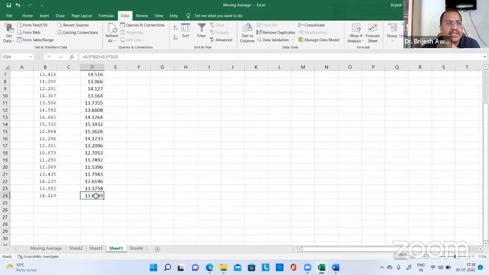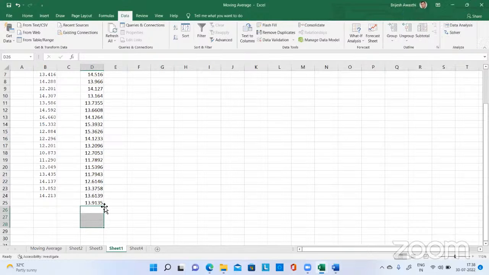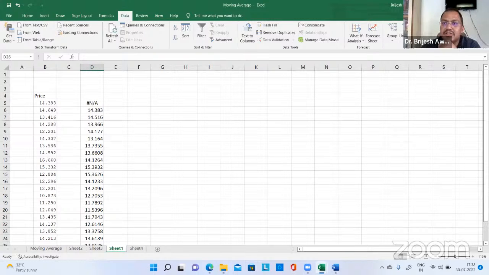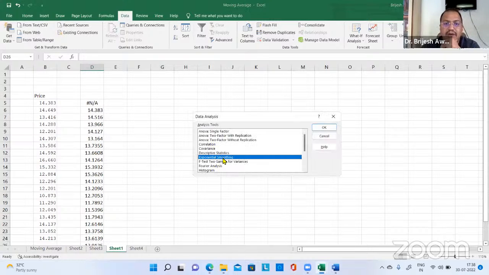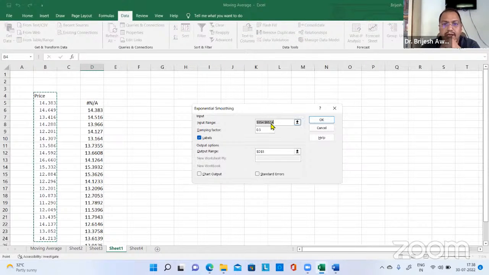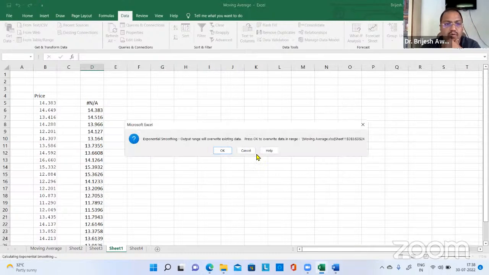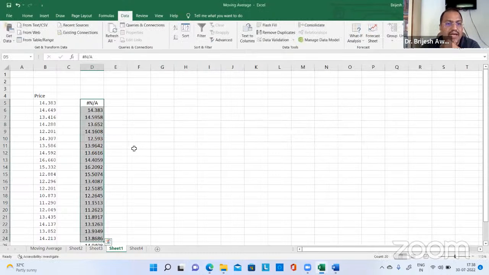With the help of this exponential smoothing, I can do forecasting for next years. Got it? What is the next year forecasting? It is 13.9135. If I change the value, instead of 0.5, I make it 0.2, the value changes like this.